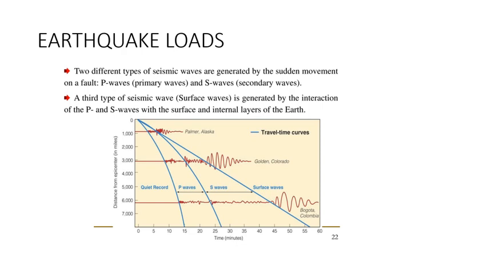In Palmer we have mostly P waves, and in the second one, Golden, Colorado, we have P waves and S waves also. Whereas in the third one, Bogota, you have surface waves. The third one is the most crucial one, which has caused a lot of damage.